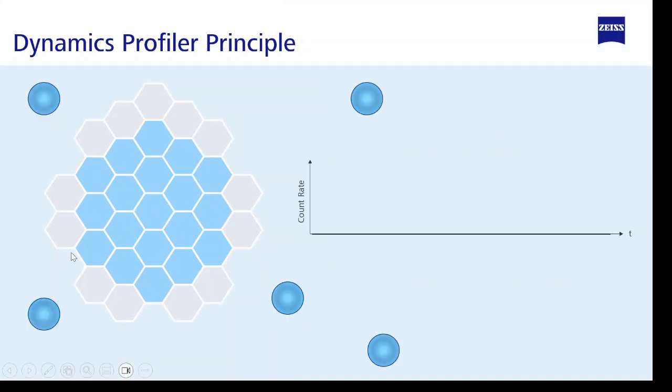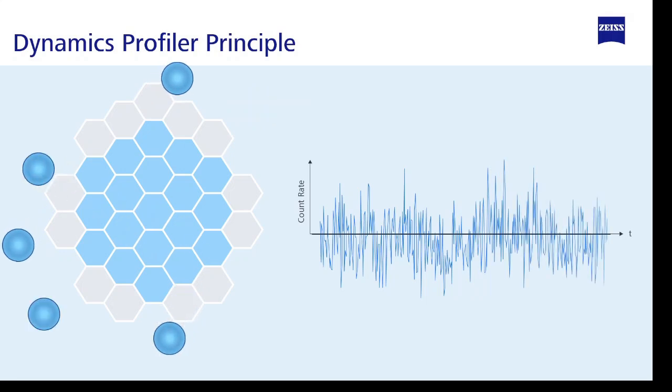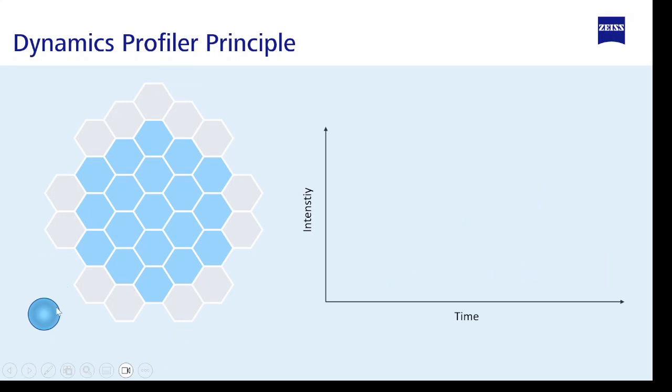So in this method, the Airyscan detector is used as a single detector element. The sum of the 19 detector elements records the intensity trace of the molecules passing through this observation volume. Let's imagine there is only one fluorescent molecule passing through this observation volume. The sum of the 19 detector elements records the intensity trace.